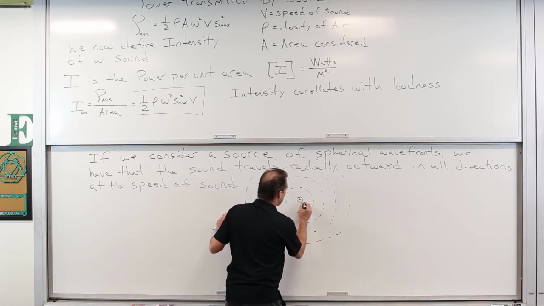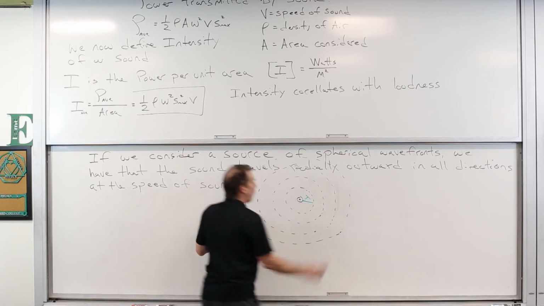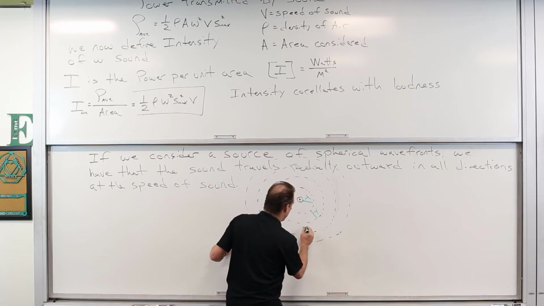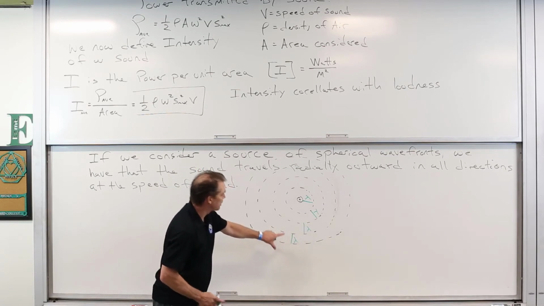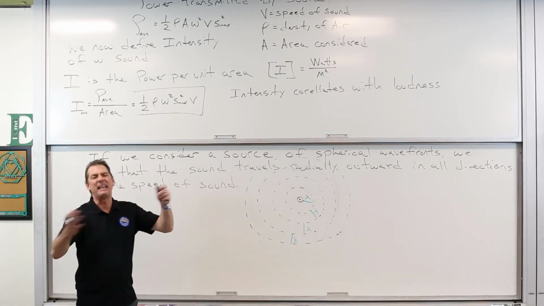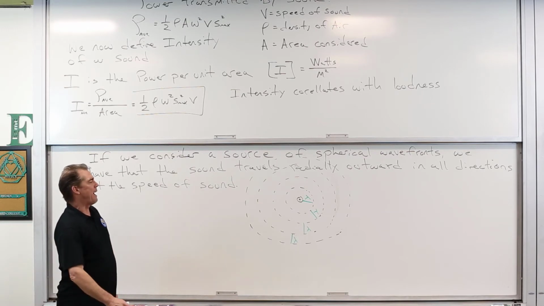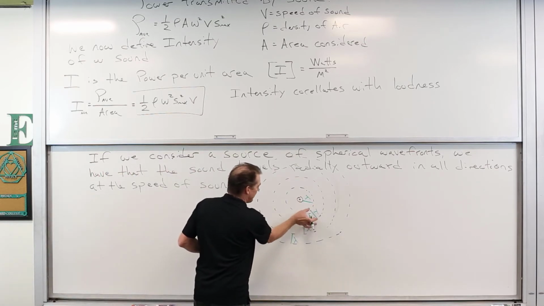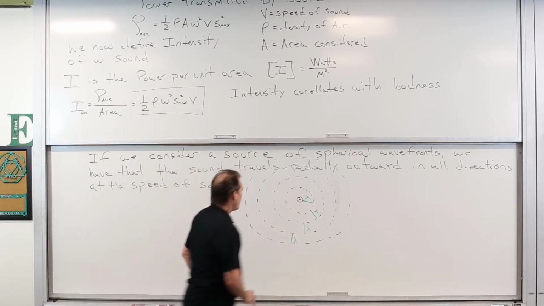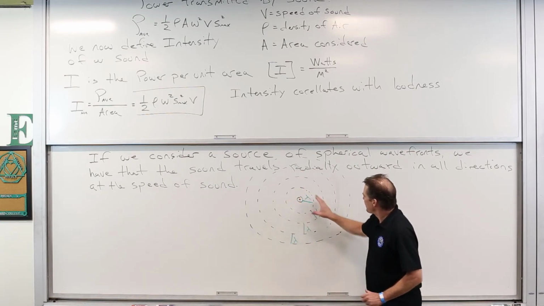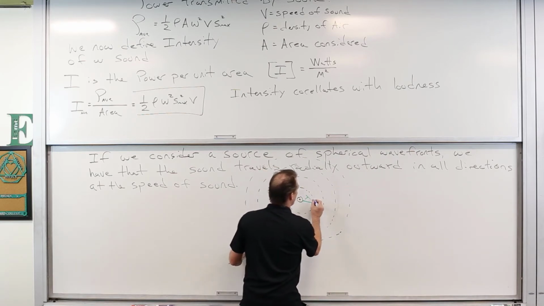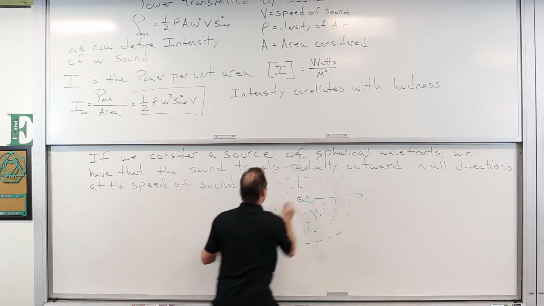This would be considered to be one full wavelength, as would this be a full wavelength, and this. So the spacing in between these dotted lines represents the peak of the wave, the maximum amplitude of pressure, or really any starting spot. These are all wavelengths. In any one wavelength, this would be the wavefront that's traveling outward. So everything's moving outward in all directions.